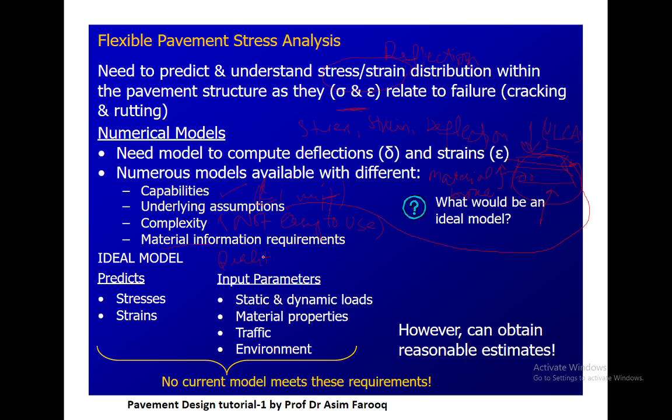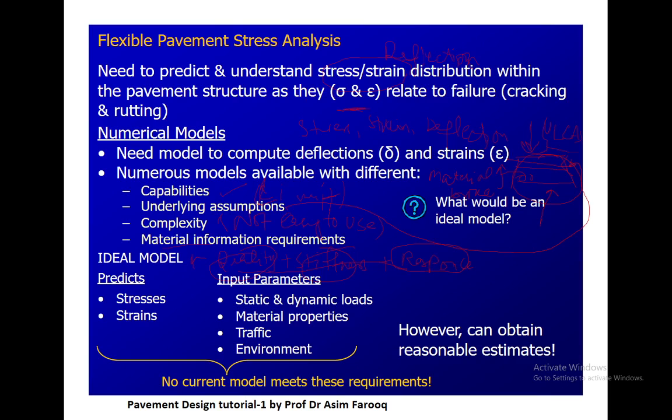A few of the numerical models are quite complex to understand and apply because of the sophisticated data needed from the field. Sometimes determining the theoretical data is possible, but in reality it is sometimes not possible to determine the same type of data from the field according to the requirement of the model.